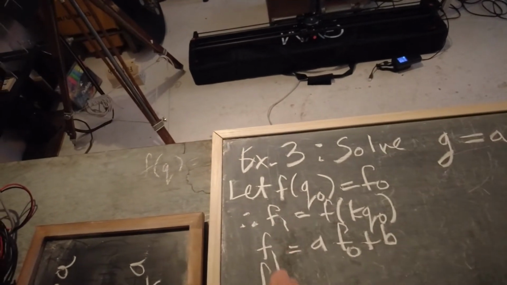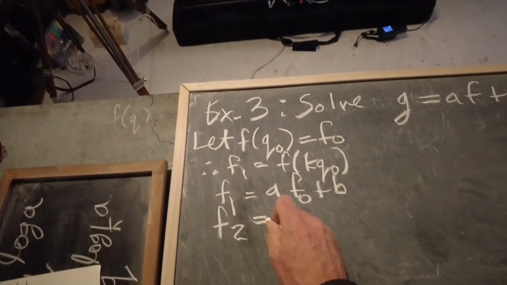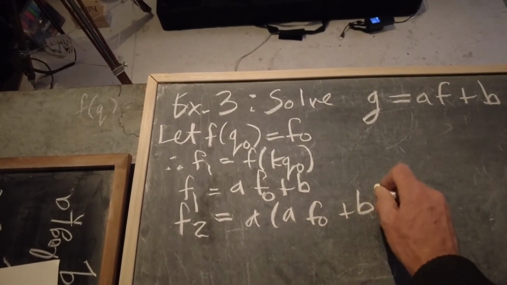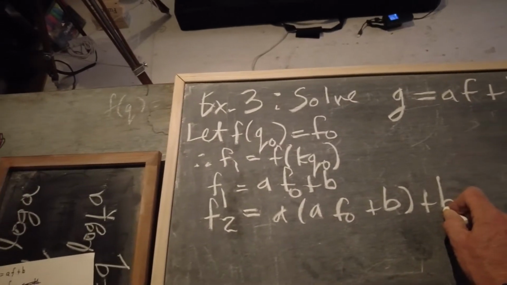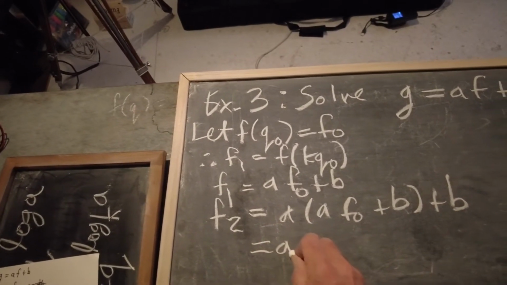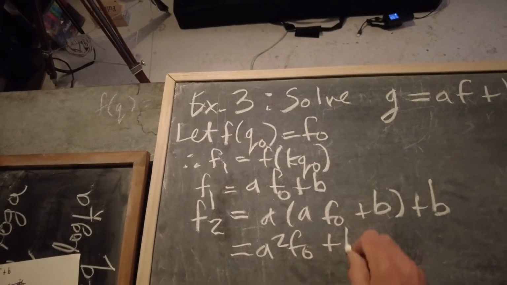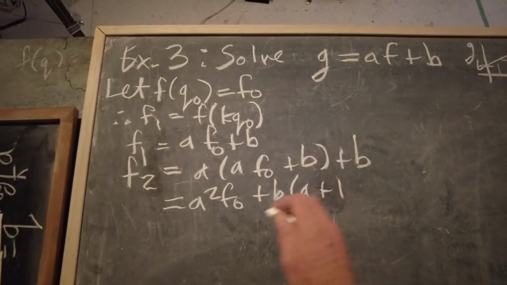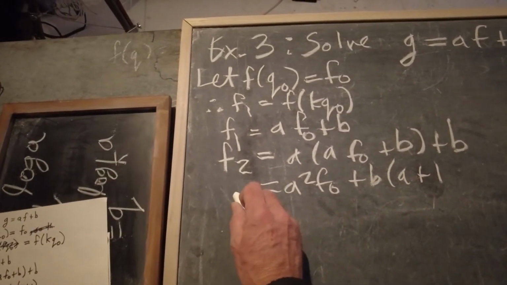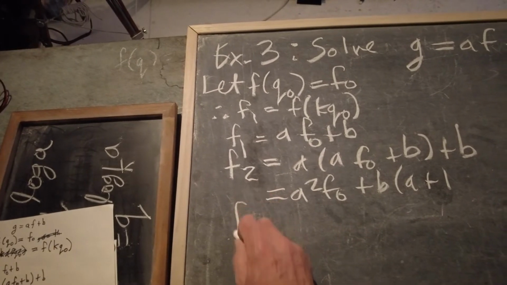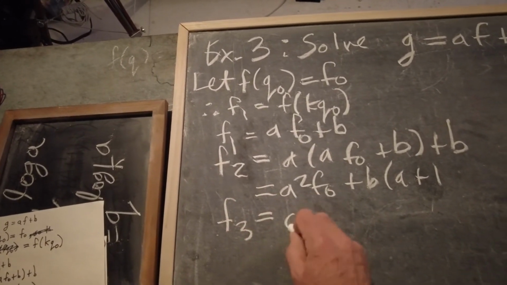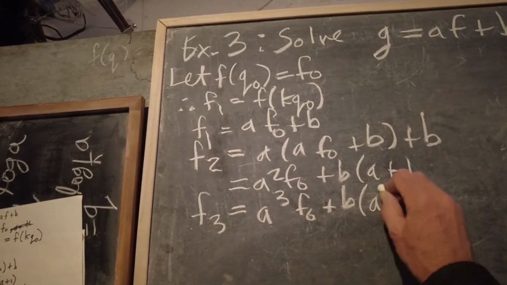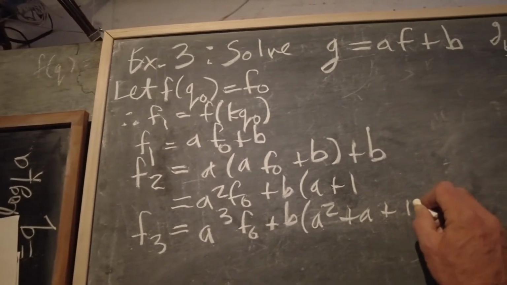And so f2 equals a times (af0 plus b), and that equals a squared f0 plus b times (a plus 1), and then f3 equals a cubed f0 plus b times (a squared plus a plus 1).